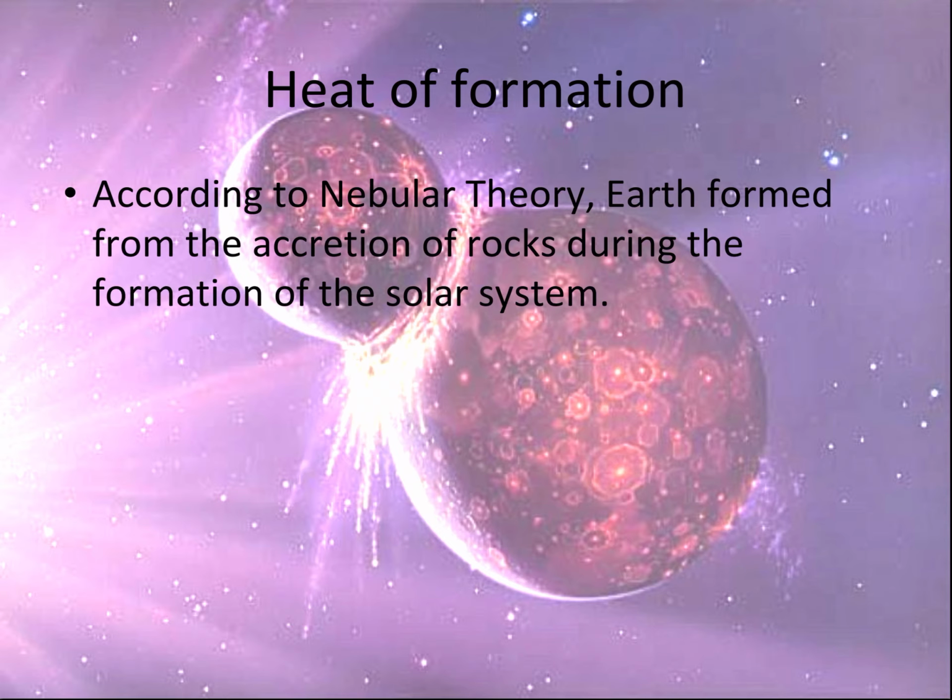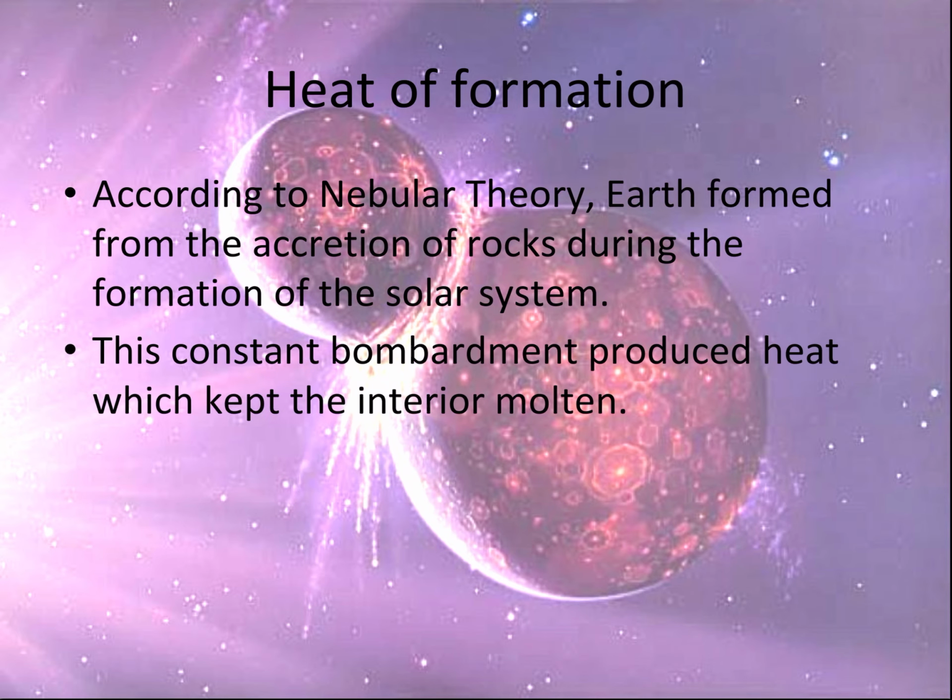All of those rocks hitting the planet generated that heat, and that kept basically the whole planet molten. It was basically a liquid ball of molten lava for the early stages of the Earth.